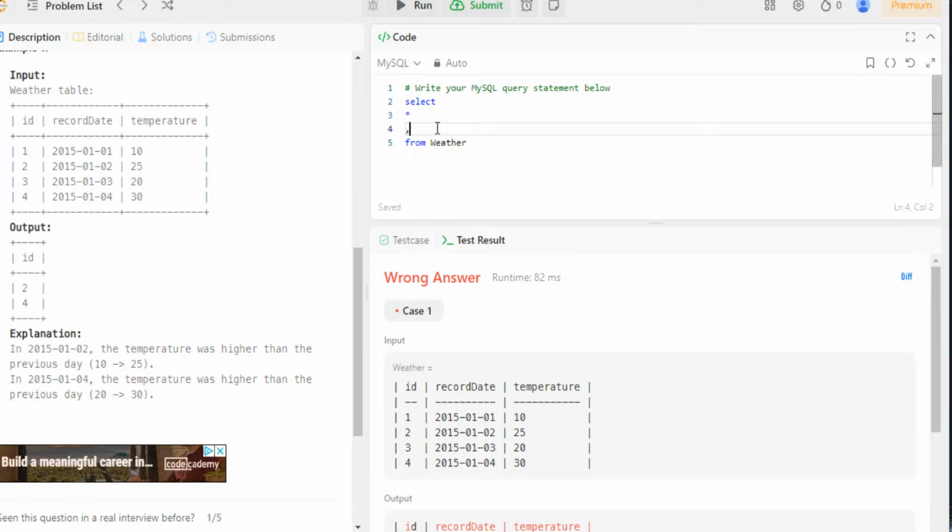It's going to be LAG. Let me make sure I am understanding the value to be returned. What do I want? Do I want a true or a false, a 1 or 0? Because what I want to do is have a third column over here.